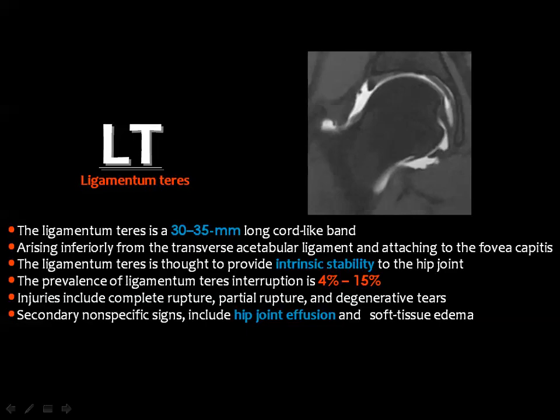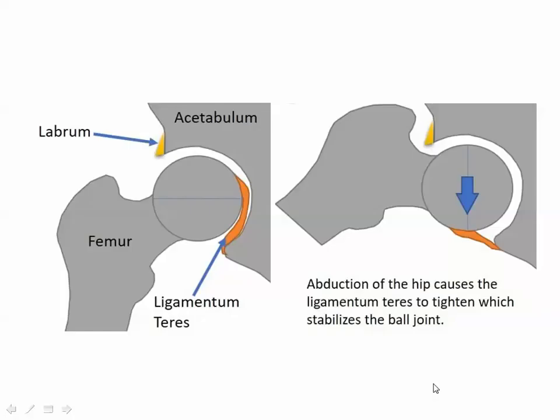And also you may get some of the secondary non-specific signs of ligamentous injury, including hip joint effusion and surrounding soft tissue edema. Then this is the normal appearance of the ligamentum teres, which is attached to the transverse ligament inferiorly and the fovea capitis.